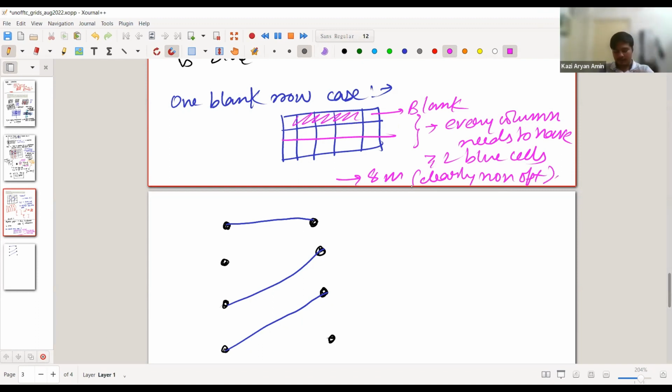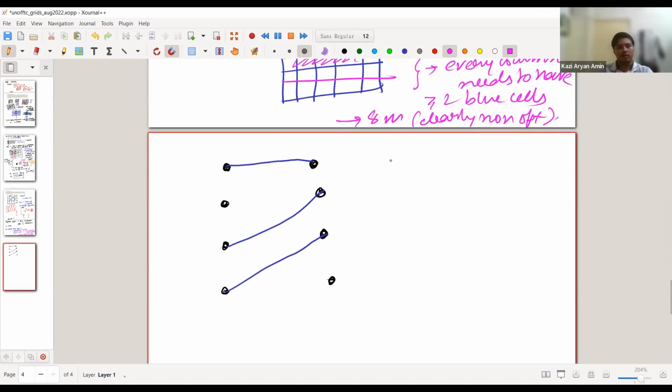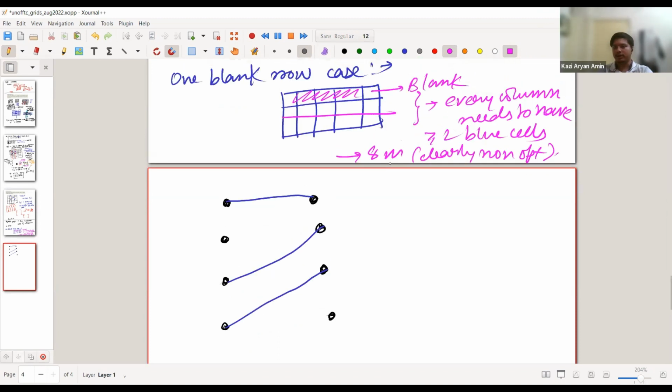Now suppose you draw the bipartite graph. What if all the blues are aligned? I meant at least 2 blue cells, right? Suppose this is your blank row.